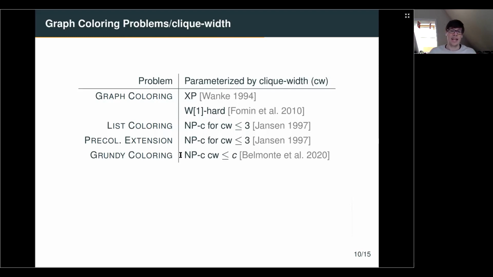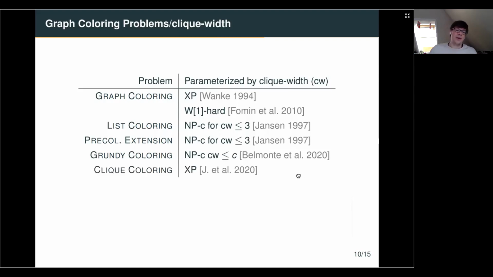So the Grundy coloring is the problem of finding a coloring with the largest number of colors that can be produced by this heuristic. And this is already NP complete on graphs of constant Clique-Width.